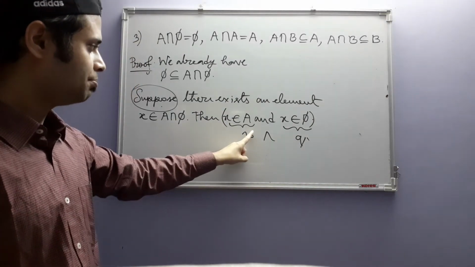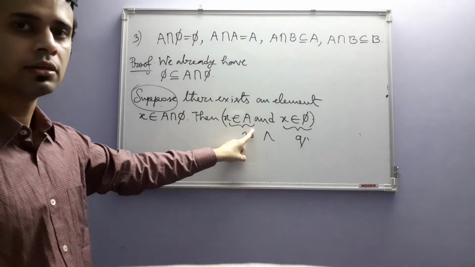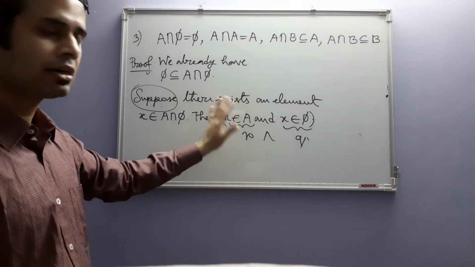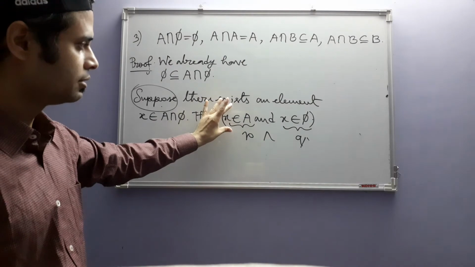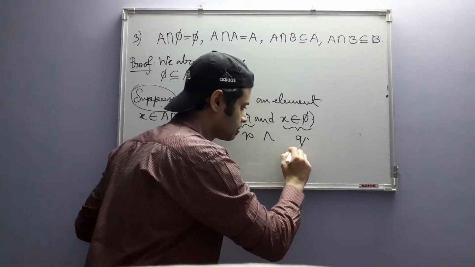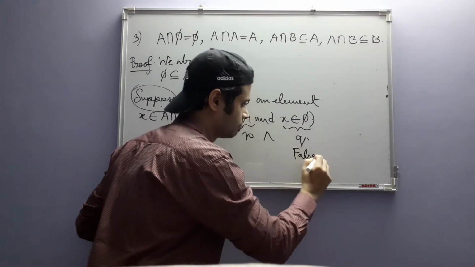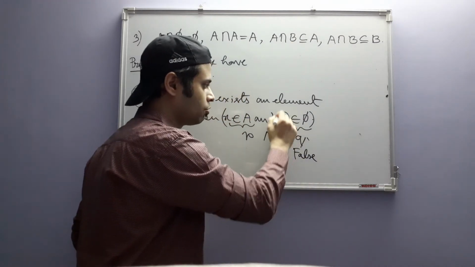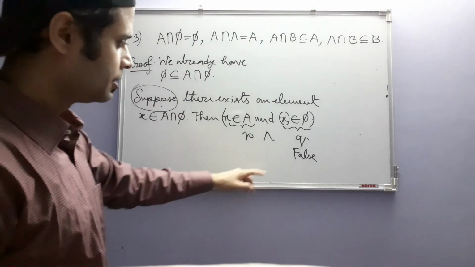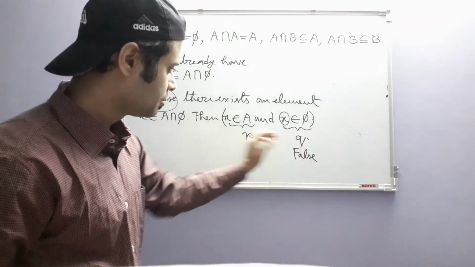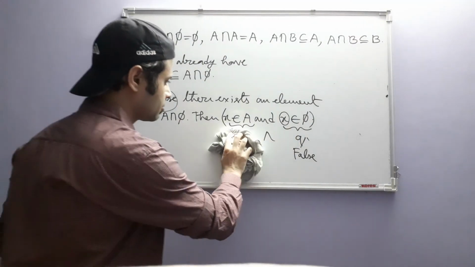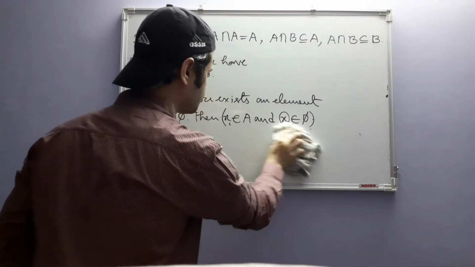If you look at P, we are not sure about the truth of P, just as it is. But Q is false, because no element can be in the empty set. Empty set has nothing. So Q is false, that means this P and Q is false. Okay, this conjunction is false.